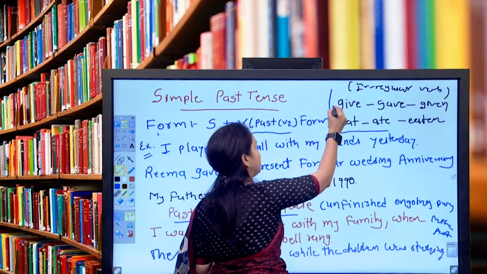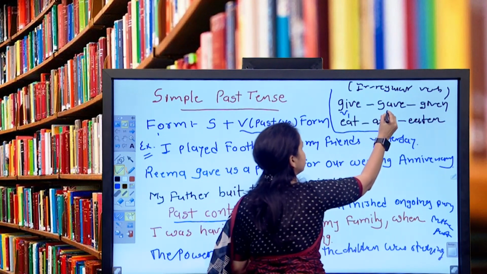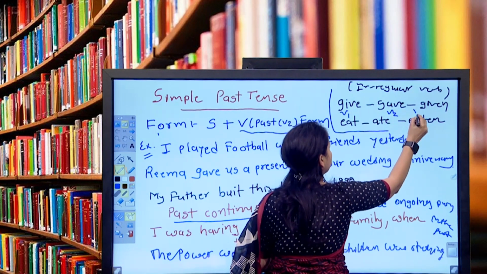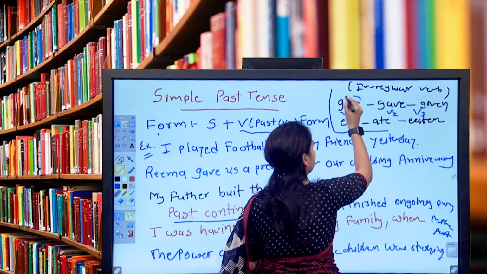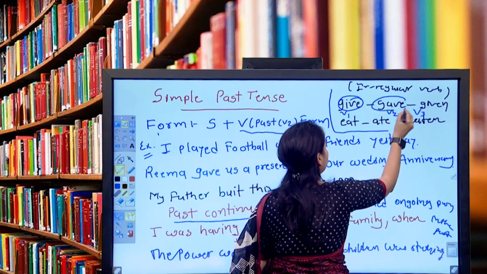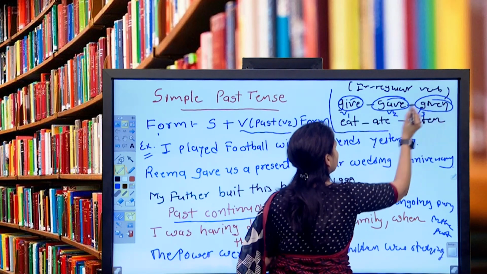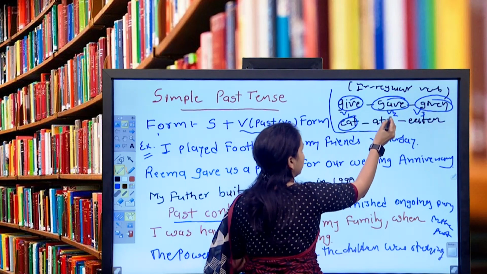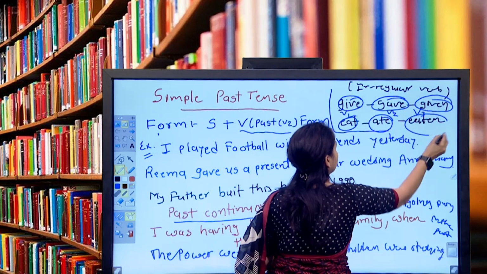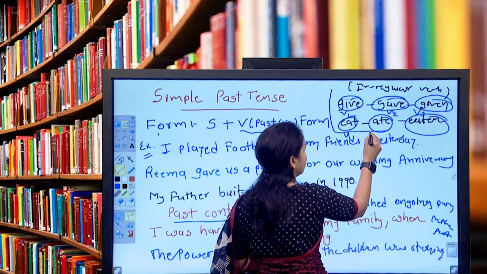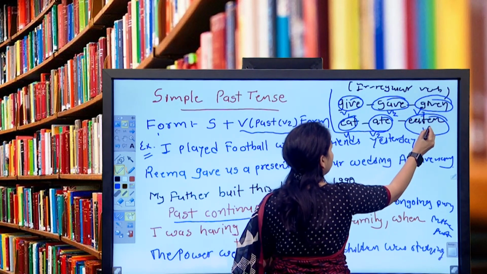So, it is a V1 form, a V2 form and a V3 form. Give, gave, given, eat, ate, eaten. V1, V2 form, V3 form.